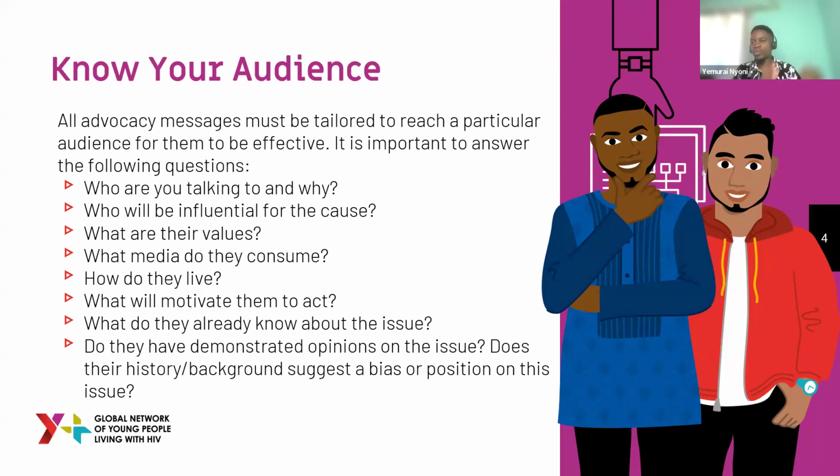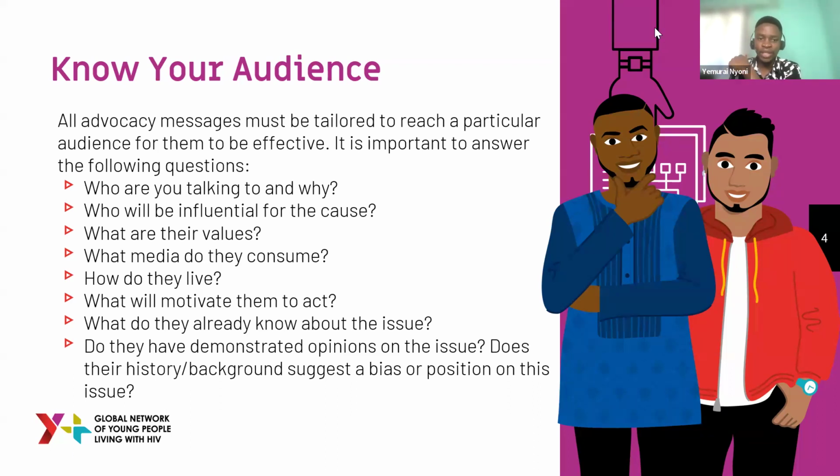So we have to find out where they are in their journey towards accepting the need for them to act, and then we tailor messages for them. I don't want to spend too much time on that, but if you have questions in terms of segmentation of audiences and so forth, do let me know. We can also make sure we provide more information on that as you start to think about your messaging.